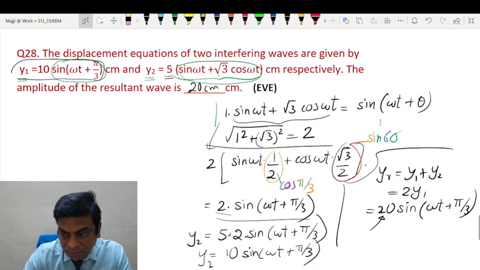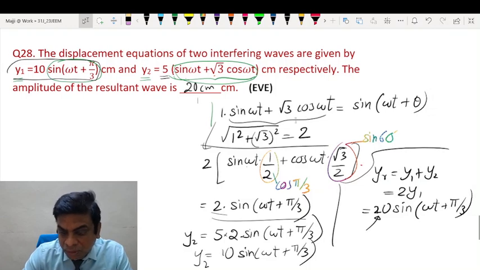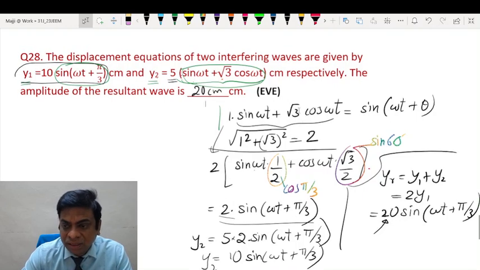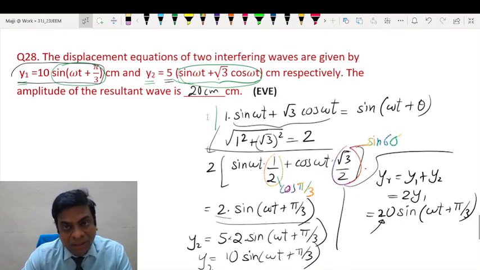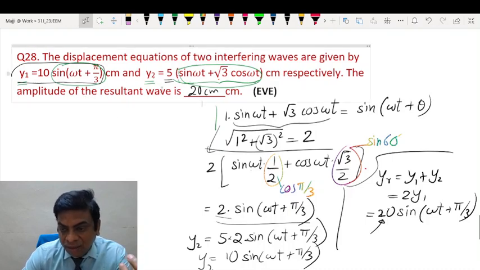Then suppose you are not able to understand this, or suppose it doesn't strike, this kind of thing may not strike in the exam. In such a case, you can go with the usual method. The usual method is simply add them vectorially, because principle of superimposition, as I told you, is basically vector addition. In other words, you have to add these two.